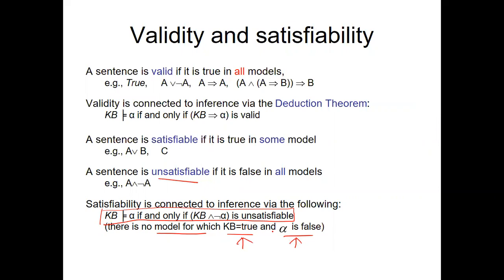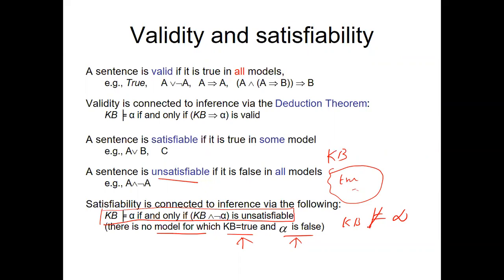For example, let us assume KB is true and alpha is false. Then it means that KB does not entail alpha.